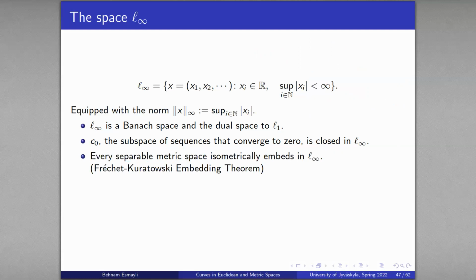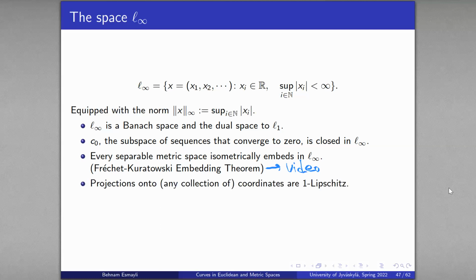And this is the famous Fréchet-Kuratowski embedding theorem. I have a separate video specifically on this with proof, plus some further discussions of it. Okay, so that's one thing that is very important to us here.